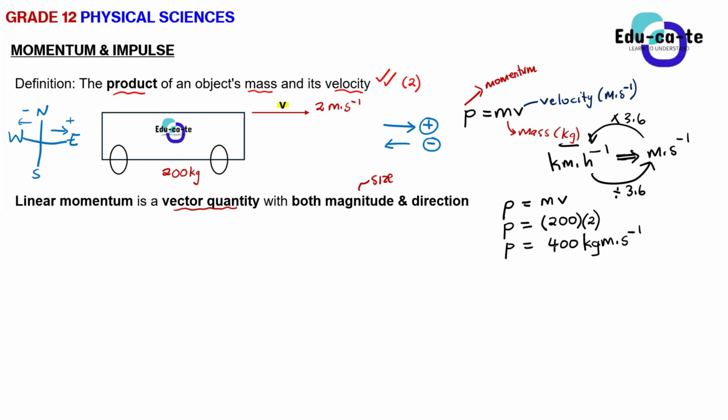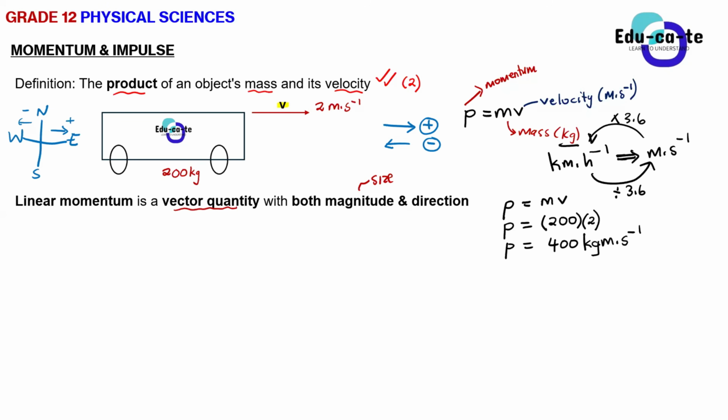Now we say that momentum is a vector quantity. It means you are not only allowed to write the size, you must also write the direction. My question is, what is the direction of this linear momentum? To the right. Why? Because we chose the right as our positive direction, and the answer came out positive, meaning it's to the right.